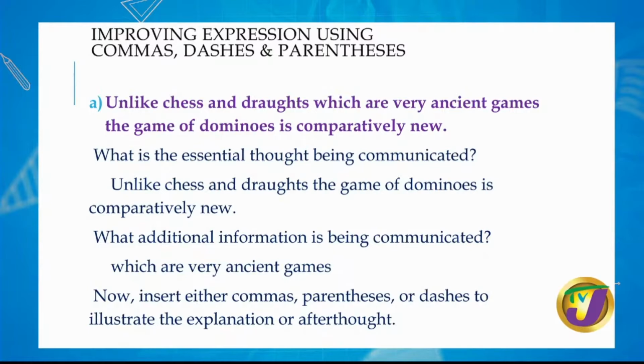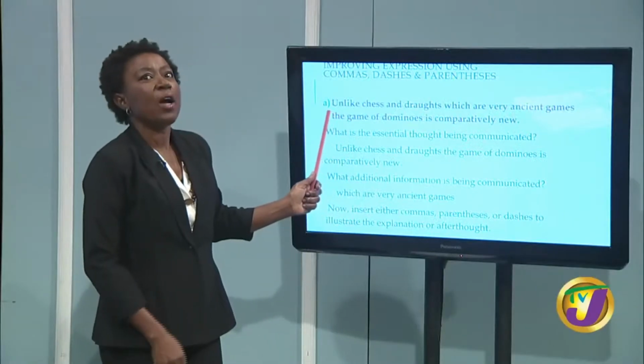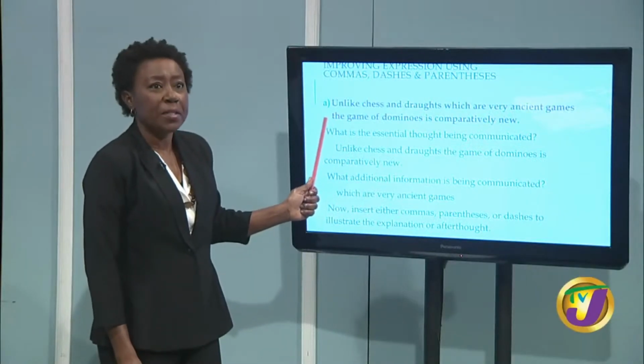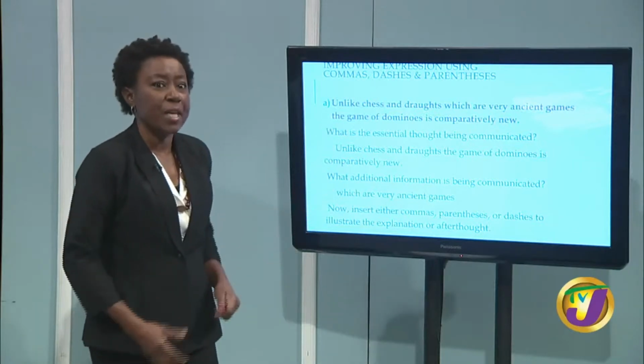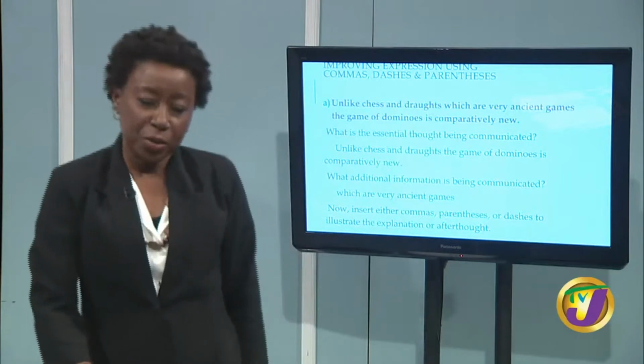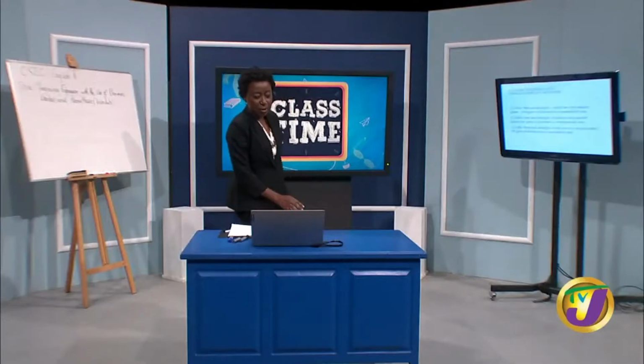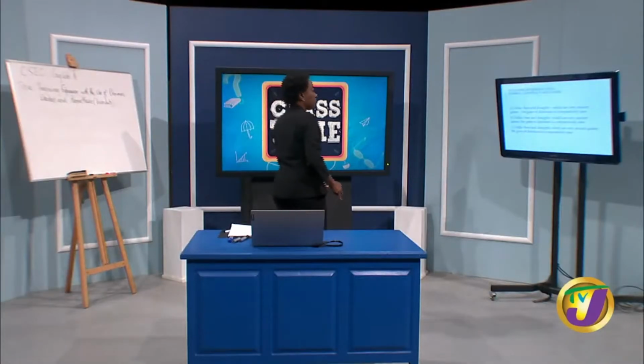After games. After games. All right then? So the sentence is saying these two are very ancient games, but you didn't really have to know that, to understand that it is saying that domino is a fairly new game in comparison to those other ancient games. There it is.